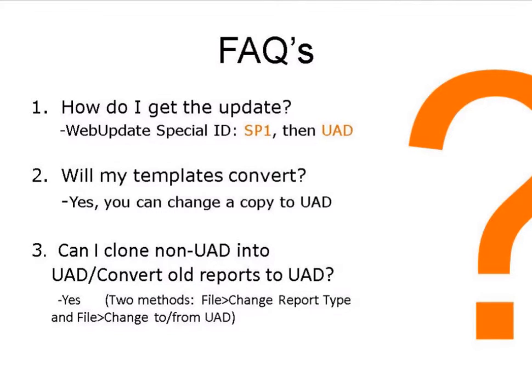The file change report type works just like it does if you had started an exterior or a drive-by 2055 report, and a day in, after you've already begun typing the assignment changes, and now it's a full interior URAR, you would click on File Change Report Type to change and move all your data into the new URAR form. Works the same way to go to and from UAD.